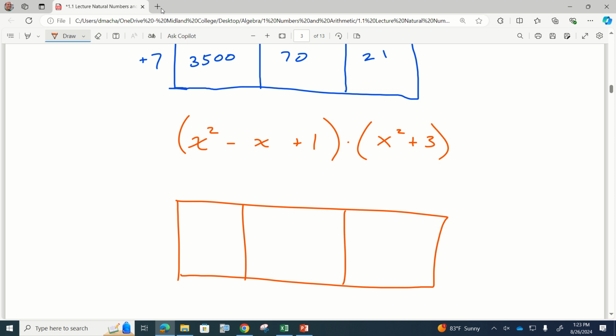I'm going to break up this side of the rectangle into line segments with these lengths and do the same thing on that side.